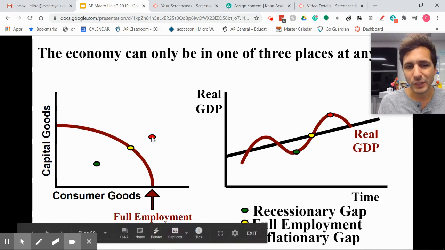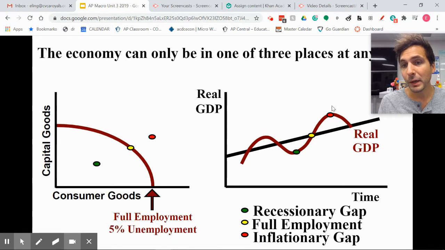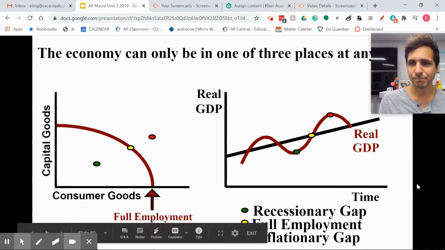So that is a point outside of the curve here. And it's really any point above the trend line. We just happen to have it at a peak. Now, those are the three places an economy can be at any given time. If you're in a recession or an inflationary gap, then you are not going to be at the triple intersection. The only time you're at the triple intersection is yellow here, at full employment GDP, on the production possibility curve, or on the growth trend line.